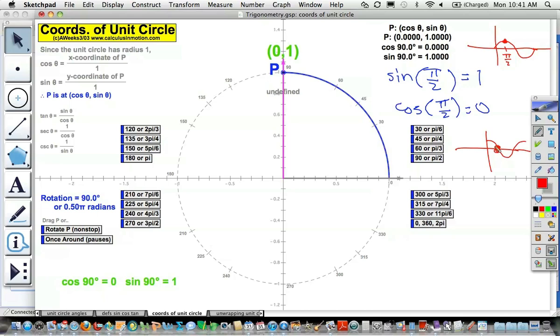So you get your 1, your 0, your negative 1, that kind of stuff. For pi, cosine is negative 1, that's this point over here. Cosine of 3 pi halves is 0 again. Sine of 3 pi halves is down here at negative 1, because the y value is down here at negative 1. So either use the unit circle or use a quick sine or cosine graph.